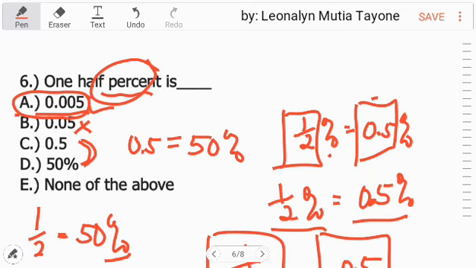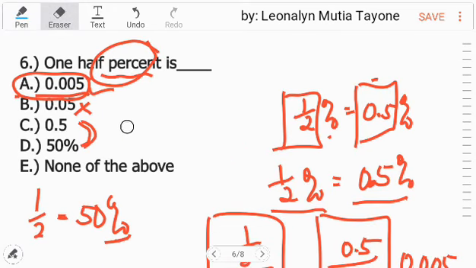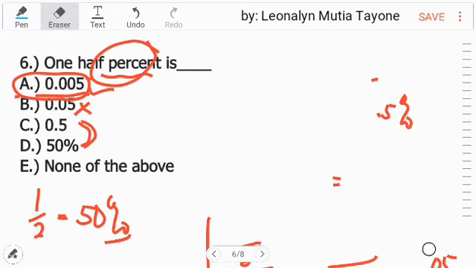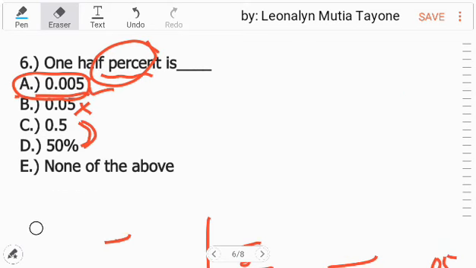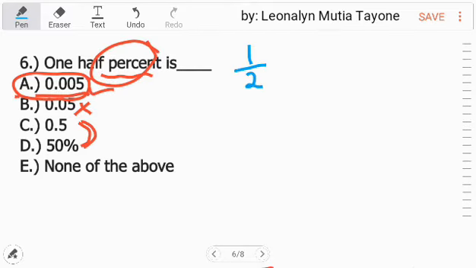Letter A. For those who still don't get this percentage, we have separate videos about how to convert from decimal to percentage and percentage to decimals. Let me recap. This is 1/2. The equivalent of 1/2 is 0.5 in decimal. If you make it a percentage, that is 50%.